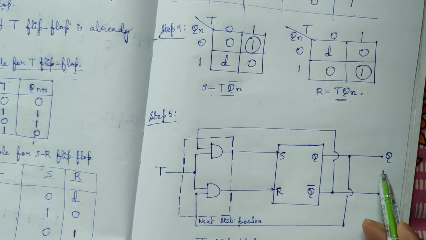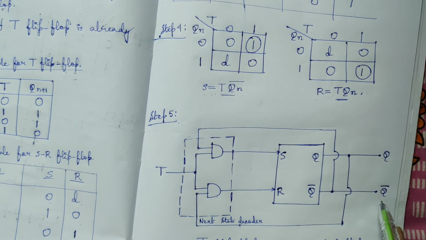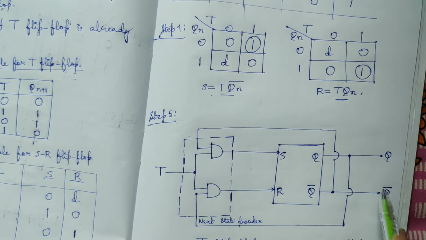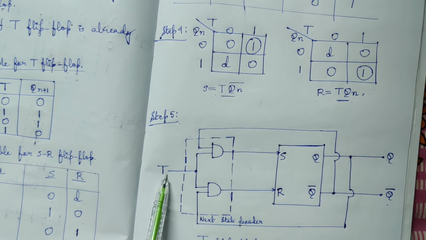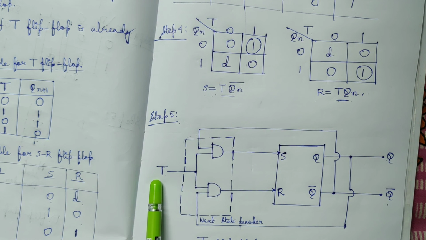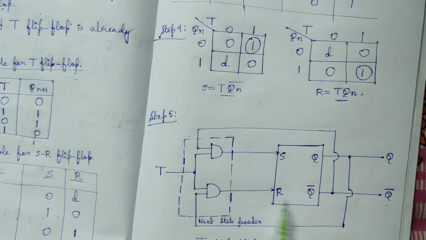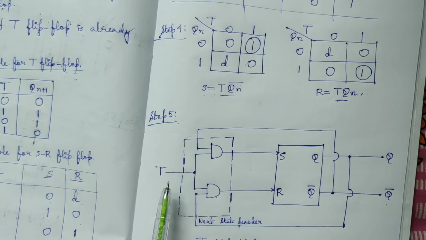The outputs of this SR flip-flop, Q and Q bar, will change according to the input value of T. That means whatever input values we are giving at T, we will get the output values according to those input values of T. So this is a T flip-flop, and an SR flip-flop is used to construct this T flip-flop.